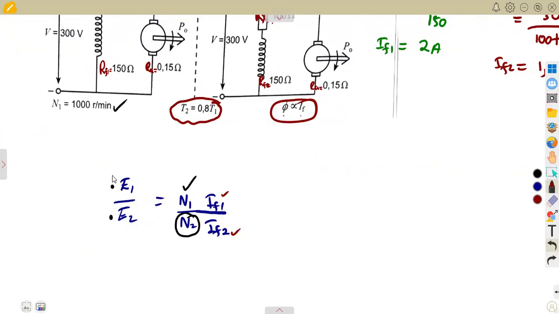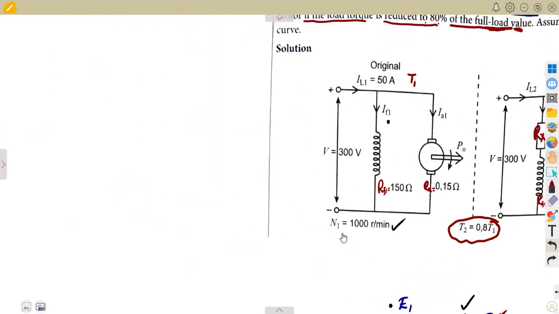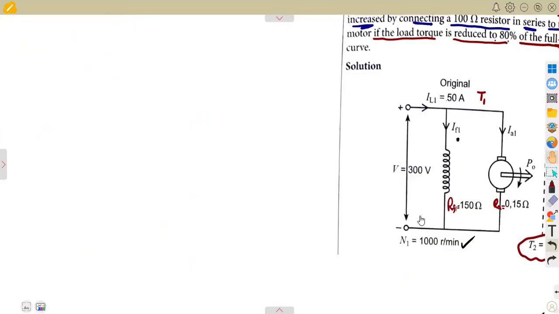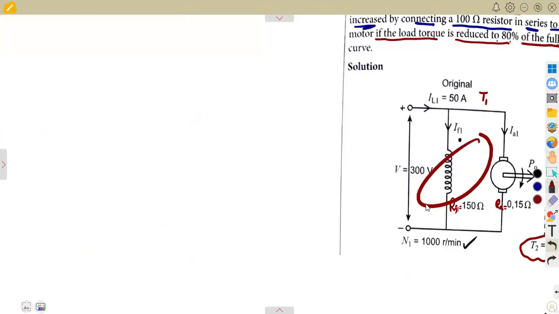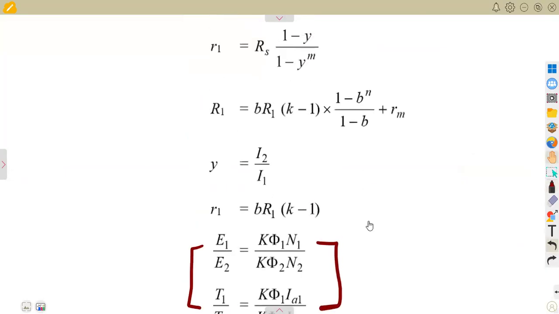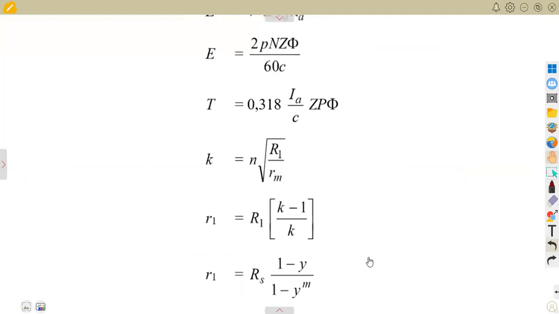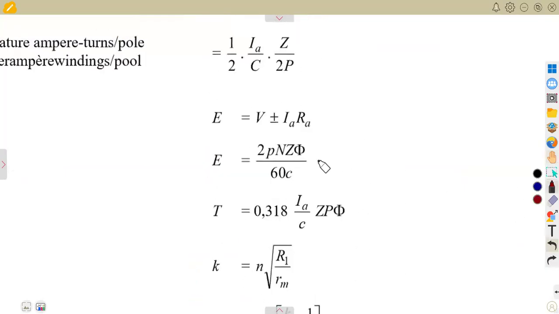So let's think of the generated EMF 1, the generated EMF here. From the original circuit, we are considering this as a motor. So do not worry about the formulas. If you've forgotten, your formula sheet is there. From the specific EMF equation, remember a motor has got the back EMF, so we're going to consider a negative there.